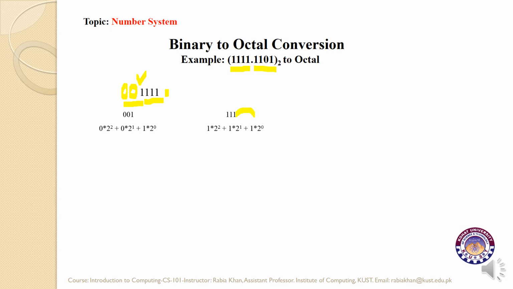The first bit is multiplied by 2 to the power 0, the next bit by 2 to the power 1, and the last bit by 2 to the power 2.